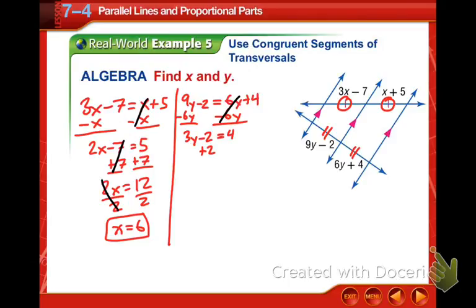We're going to add 2 to both sides. 4 plus 2 is 6. We divide by 3. 6 divided by 3 is 2. So y is 2, x is 6.